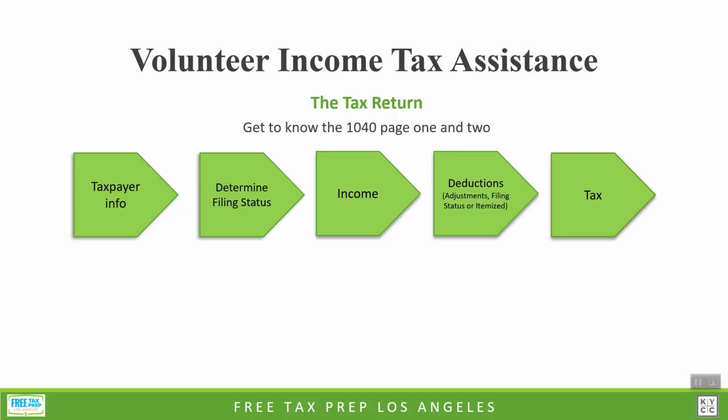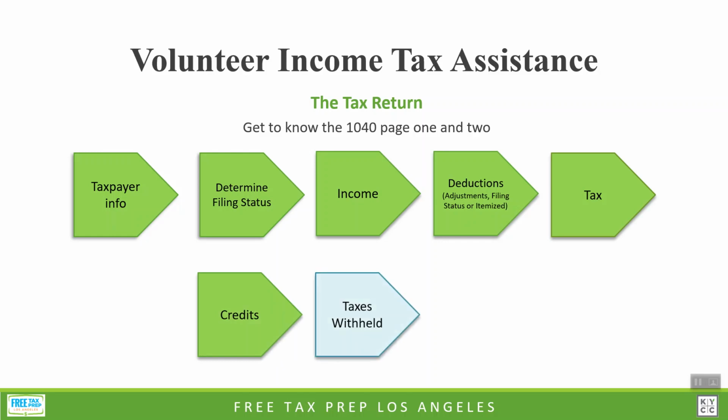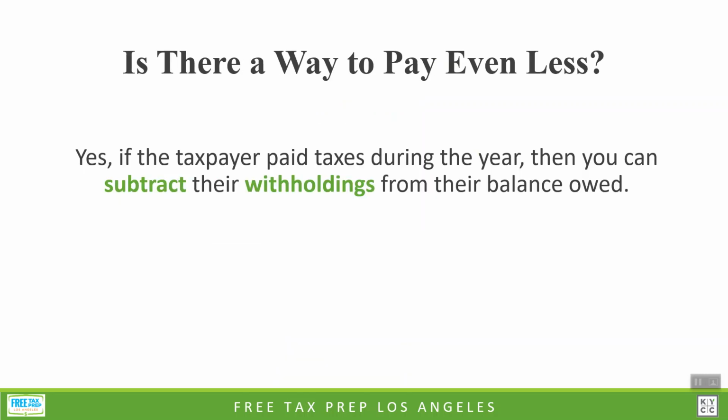And from there, that's how we got the tax that the taxpayers owed throughout the year. And then we offset that with any sort of credits. And now we would apply any sort of taxes that were withheld throughout the year in order to get the refund or amount due.